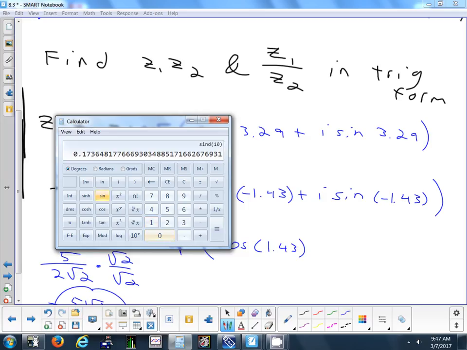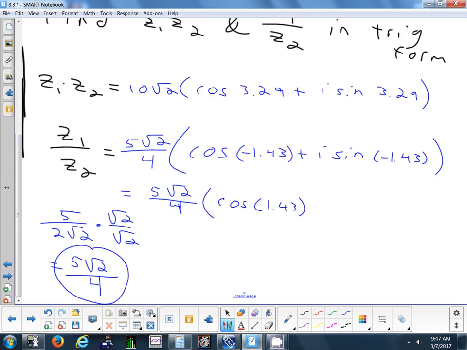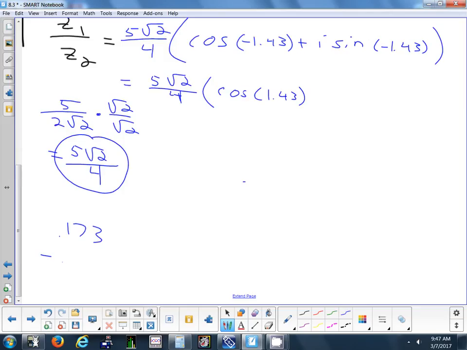Here's the sine of negative 10. What's the difference between those two numbers? Yeah, the only difference is one's positive, one's negative.